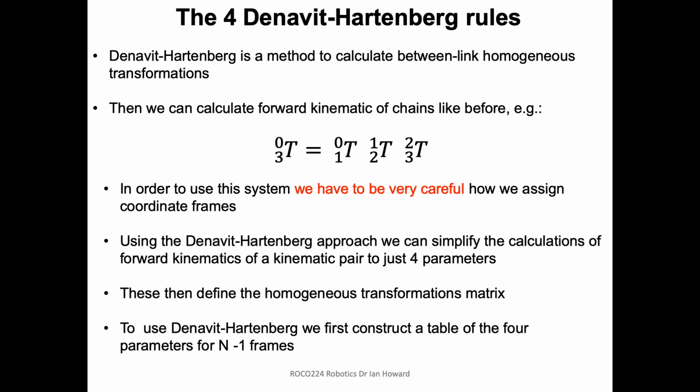Basically, we have to construct a table for the 4 parameters for n-1 frames. So if you've got 2 frames, the transformation between 2 frames is going to give you 1 homogeneous transformation. So we always have n-1 entries.